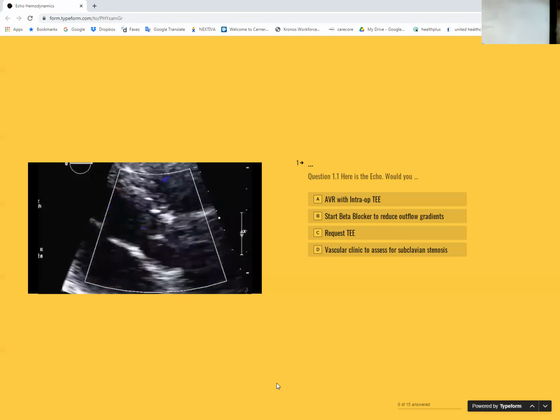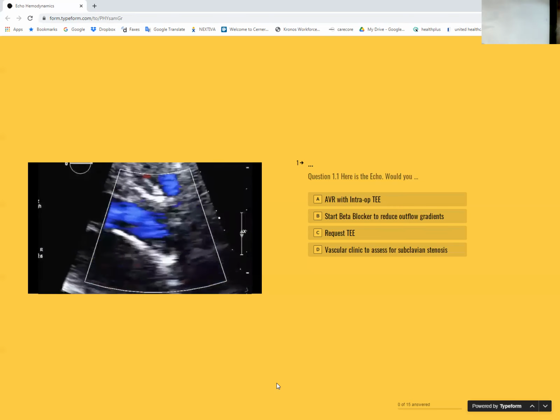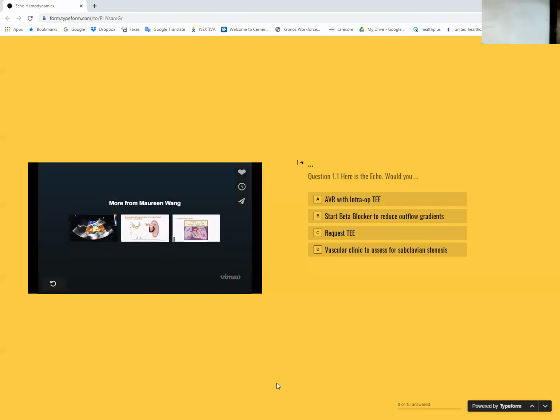This is the 3-chamber view. Okay, what would you guys do?